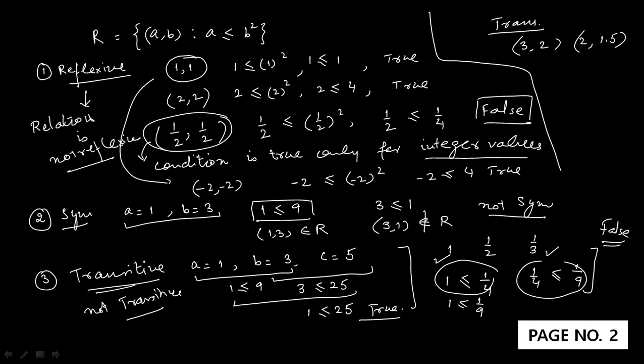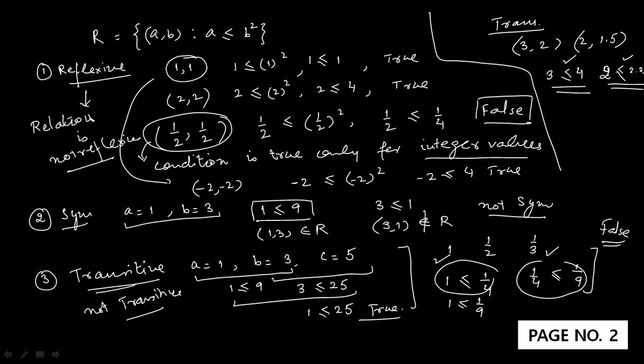First condition is 3 less than equal to 4. Second is 4 less than equal to 2.25. Sorry, 2 less than equal to 2.25. Now both the conditions are true.